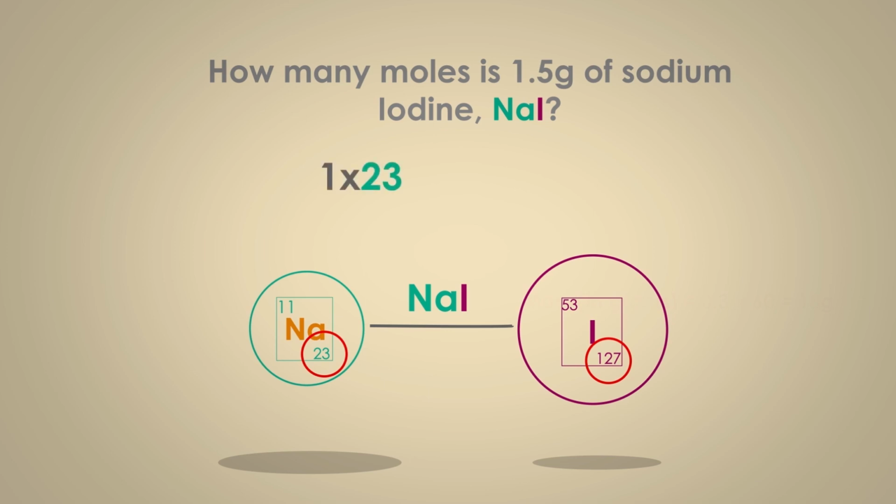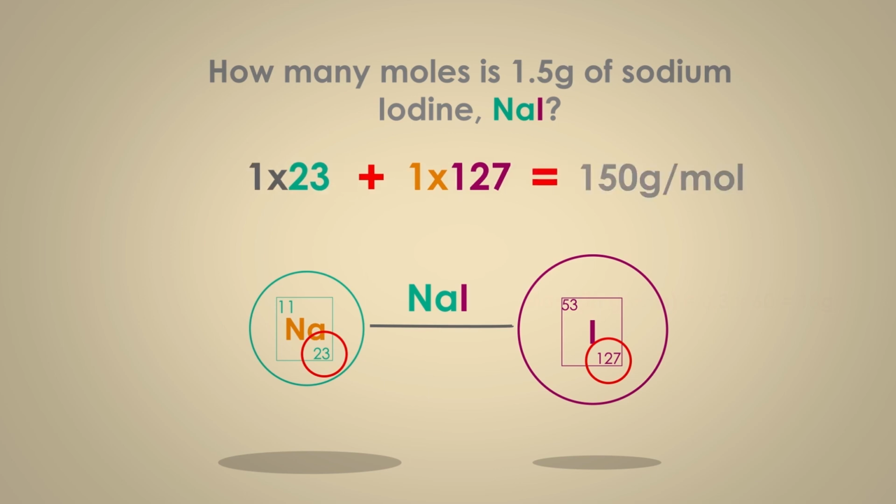The relative atomic mass, or Ar, of iodine is 127 grams per mole. Thus, the molecular mass of sodium iodide is 23 grams per mole plus 127 grams per mole, which is 150 grams per mole. You may have noticed that the molecular mass units are grams per mole.